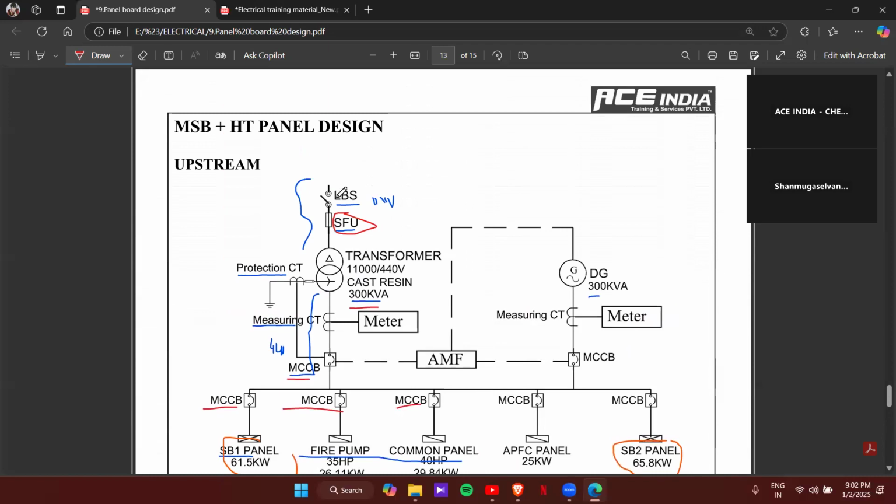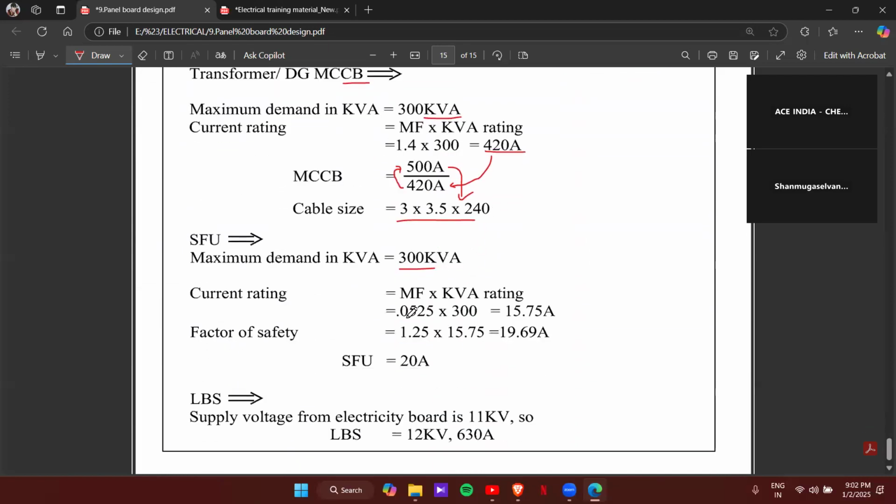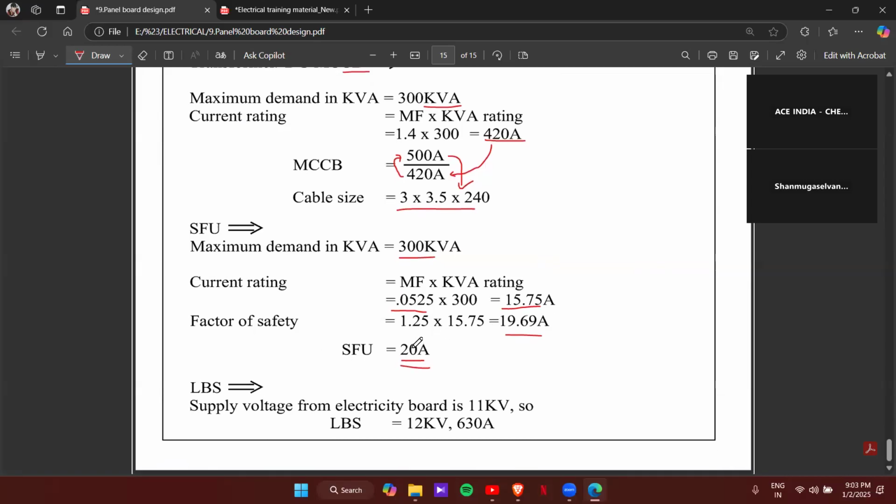So here the supply voltage is 11 kV, so the multiplication factor is considered for the 11 kV supply. 0.0525 into 300 gives 15.75. Then a safety factor of 25% again. So 1.25 into 15.75 is 19.69. After 19, the next available rating is 20 ampere.